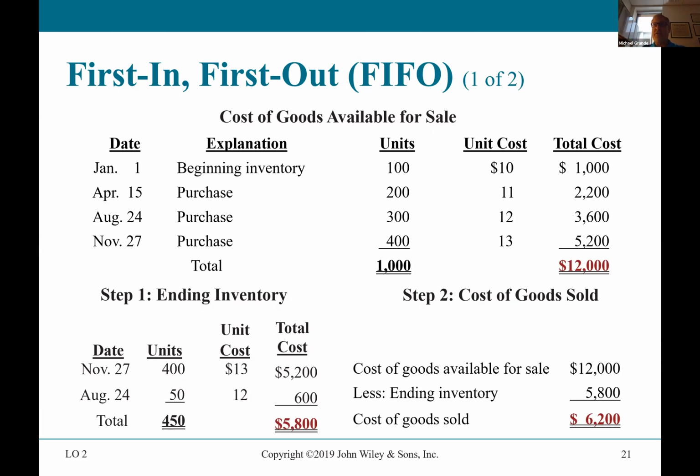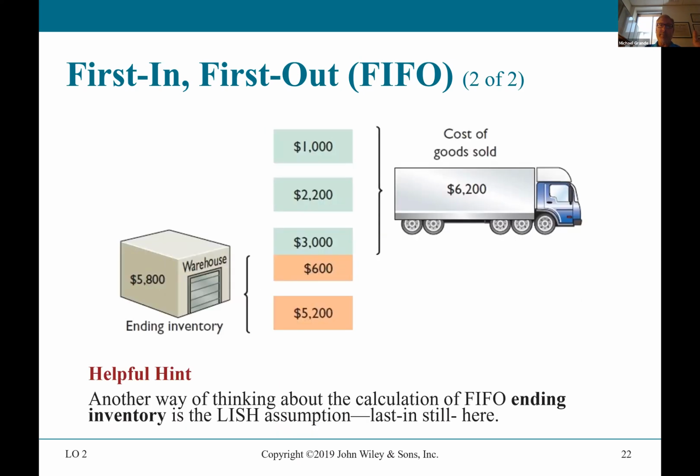And they said the goods available for sale, beginning inventory plus all the purchases, was $12,000. You just determined ending inventory to be $5,800. Therefore, the cost of goods sold is $6,200 under FIFO. And here's the illustration of it, making up the $6,200.